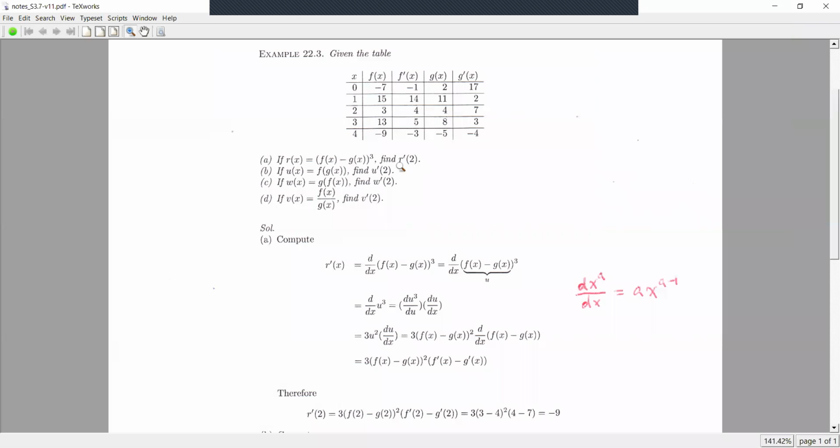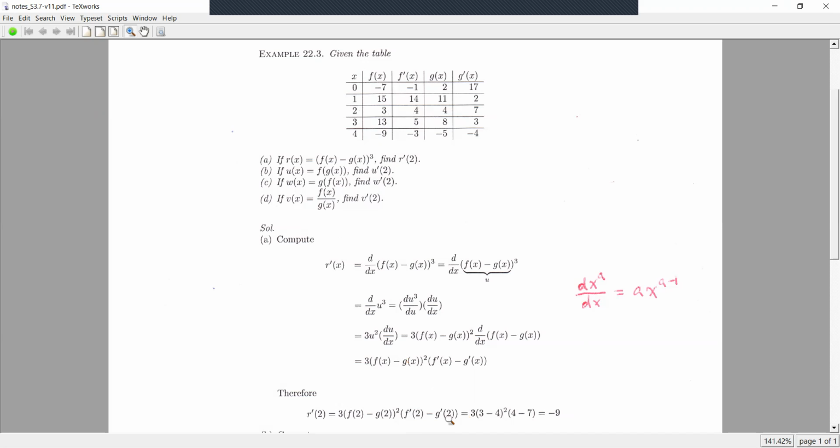To find the derivative at the point 2, plug in 2 for the x here. Then we have this equation. Now, from the table, the function value of f at 2 is 3. The function value of g at 2 is 4. The derivative of f at 2 is 4.